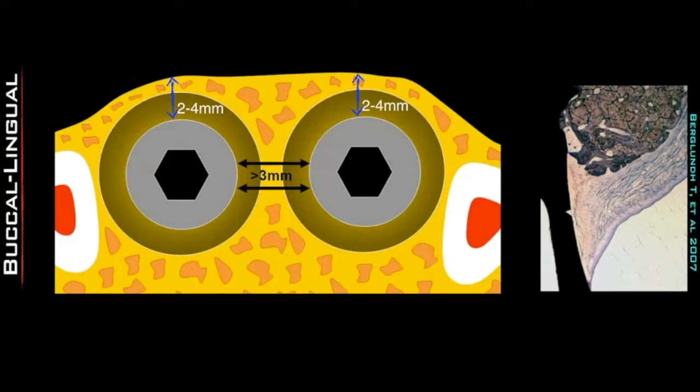Shouldn't I graft? They told me that only if it's exposed I should graft. Well, the answer is if you don't have between 2 to 4 millimeters of bone around that implant, you should go ahead and put more bone graft to the facial, especially on the anterior maxilla, if you want to recreate a nice emergence profile, because that bone that you see on the facial is what's going to hold the soft tissues and create an aesthetic and a natural emergence profile for that restoration.